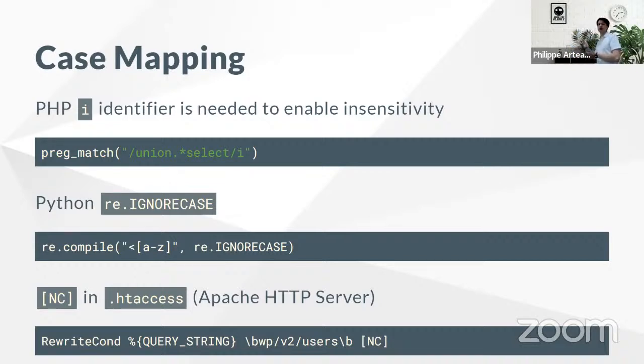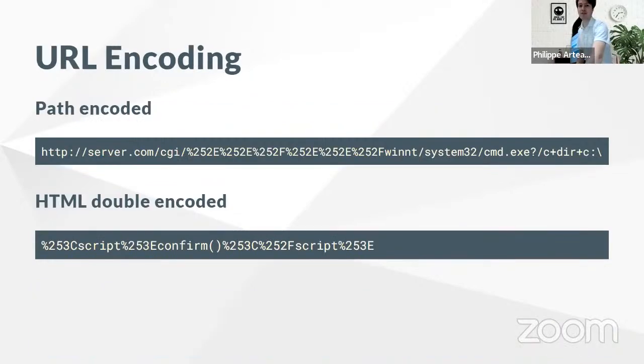In Python, you need to add an additional flag. And in Apache HTTP server, you need to add NC. Otherwise, it will be strict case validation. So case mapping is the operation of finding the uppercase equivalent character. But yeah, make sure if you are investigating some filter that case insensitivity is enabled.